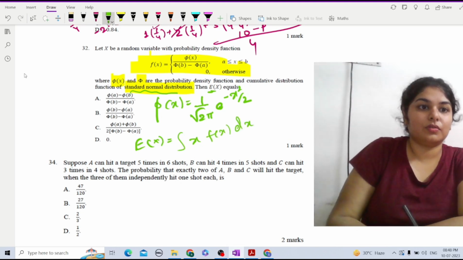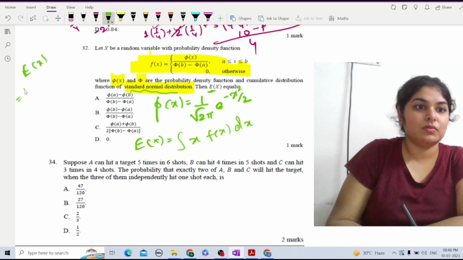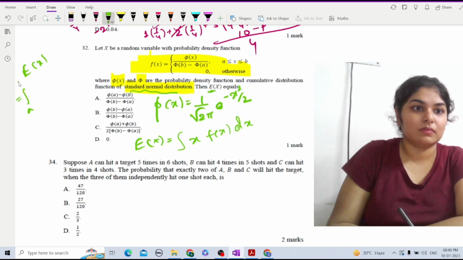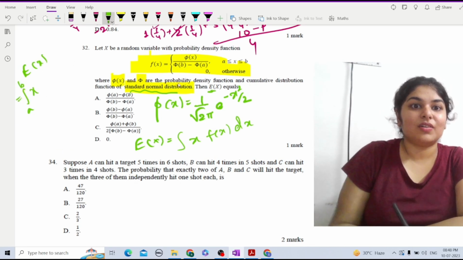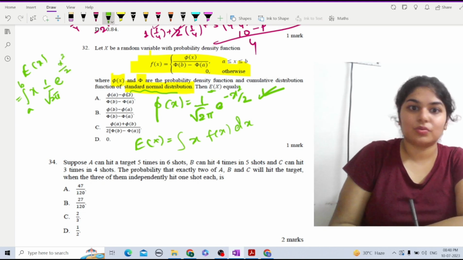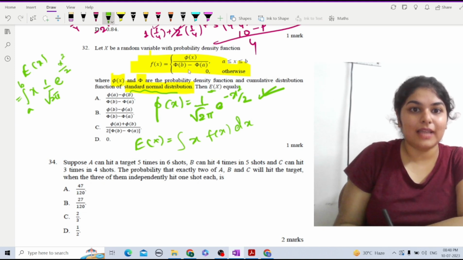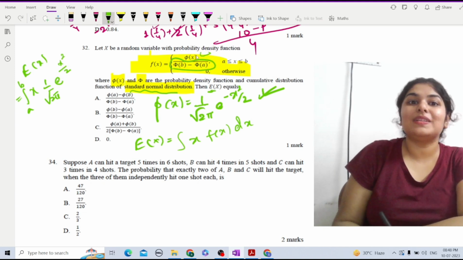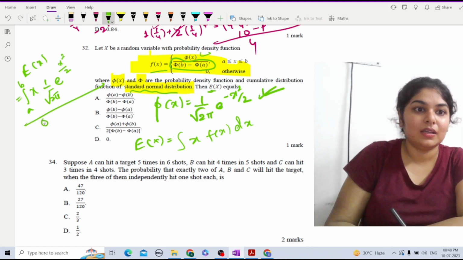So here, E[X] is equal to the integral from a to b of x times f(x). What is f(x)? It is the standard normal density, 1/root 2 pi e to the power minus x square by 2. But it's not only that, we have this extra term also. phi(x) is the standard normal distribution, but f(x) is a combination, so we also have it divided by Phi(b) minus Phi(a).